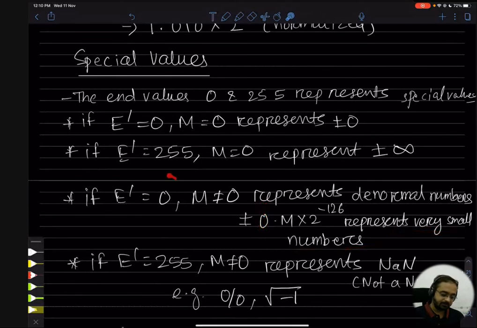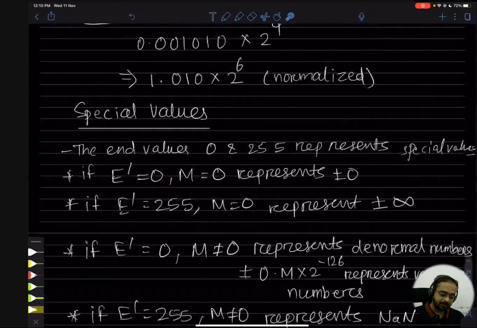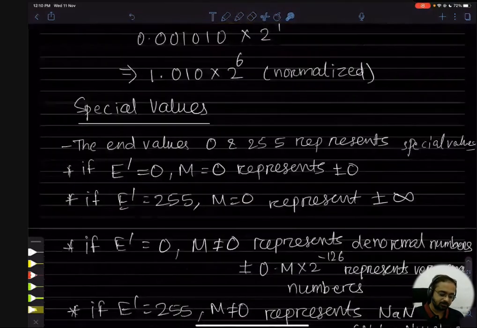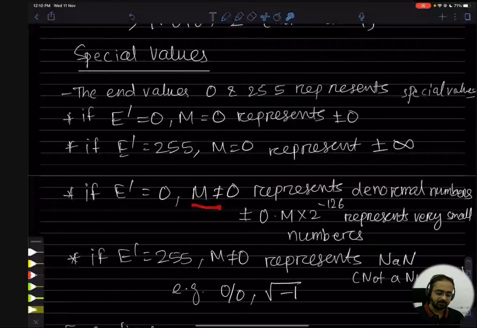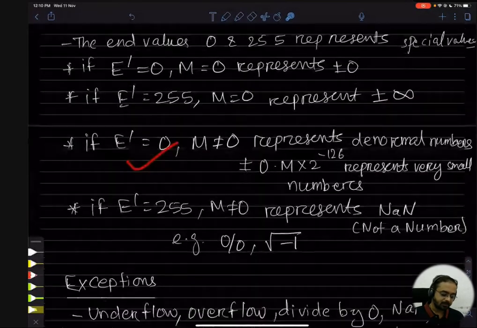So if we want to represent a very small number beyond this range, then you can use the special value e dash equal to 0 and m not equal to 0 to represent those very small numbers. Okay, so it has special value.